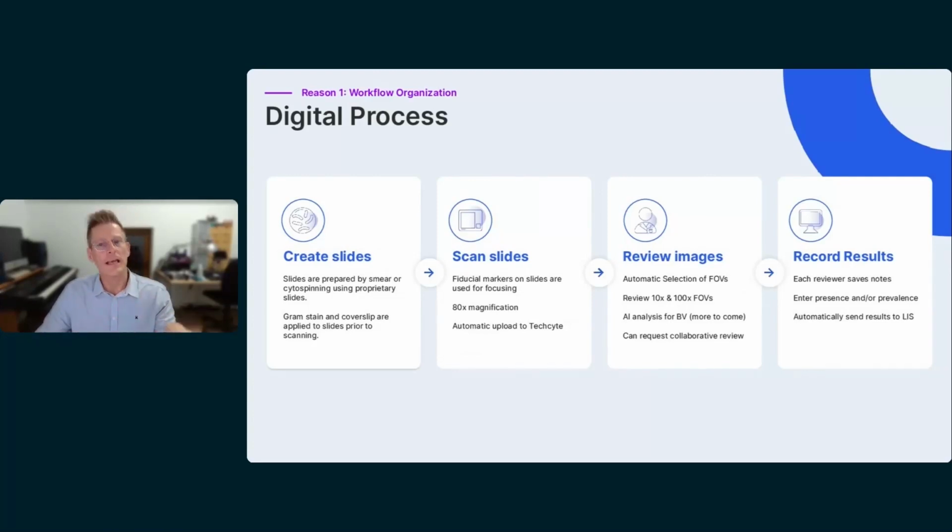Those images, once they're scanned, are automatically uploaded to TechSite's systems, where we automatically select fields of view. We offer a 10x and 100x review of those fields of view. We also, for BV today, have the AI analysis, and all of the other sample types for bacteriology are coming early next year. And you can, of course, request collaborator review, all via our interface.